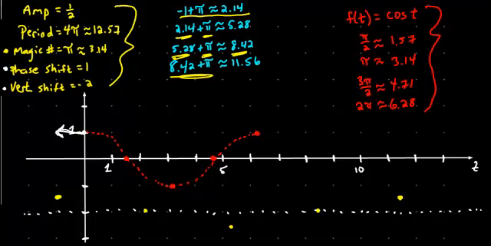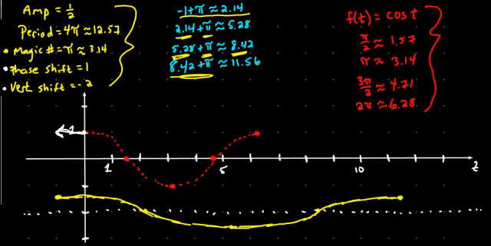And now that gives me one trip around the unit circle. That is one period of the cosine function that we had to sketch.